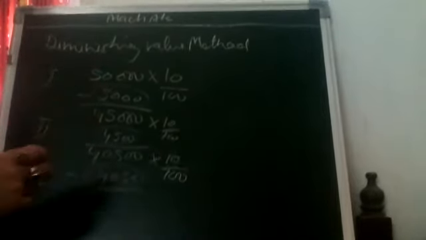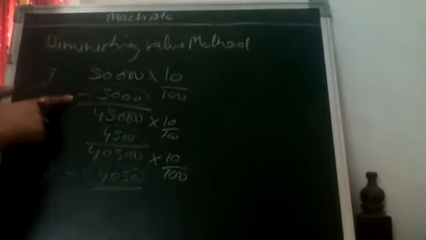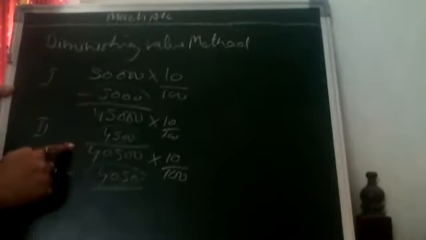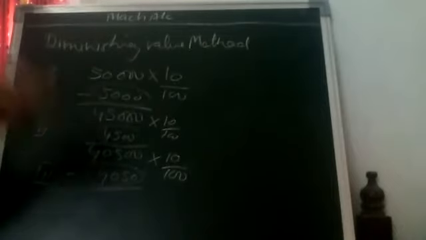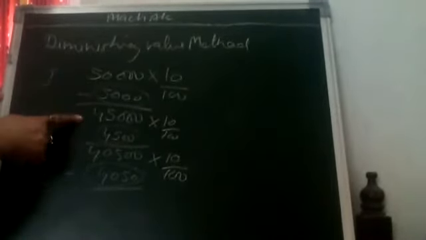So listen carefully. First thing is, in the diminishing value method, every year the depreciation will be charged on the balancing figure, not on the original cost. The first method was called the original cost method, because every year the depreciation was charged on original cost. But here the depreciation will be charged on the balance.